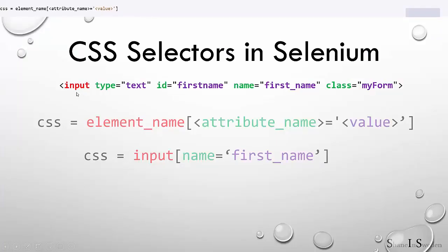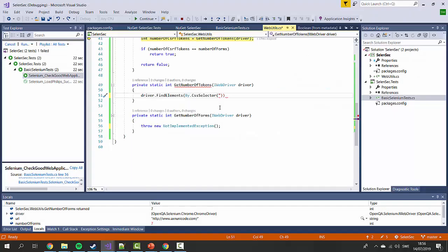And if you remember, when we were looking for our input type tag, then the CSS was input. And then of course there are other values and attributes, but at the moment we're just interested in forms. So the CSS text string we're looking for will actually just be, instead of input, form. So we can just fill in form. And we want to return the count.